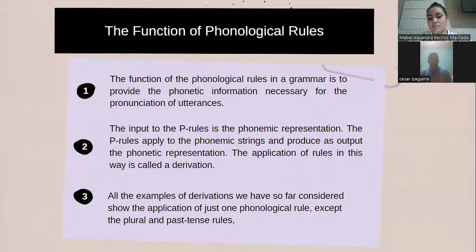The P rules apply to the phonemic string and produce as output the phonetic representation. The application of the rules is called derivation. And number 3, all the examples of derivation we have so far considered show the application of just one phonological rule, except the plural and the past tense rules.